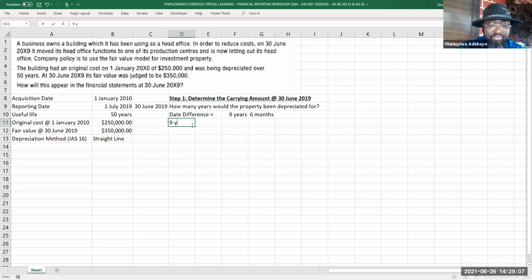Which then means that if I do the first 9-year depreciation, nine-year depreciation means 9 over 50 years multiplied by 250.